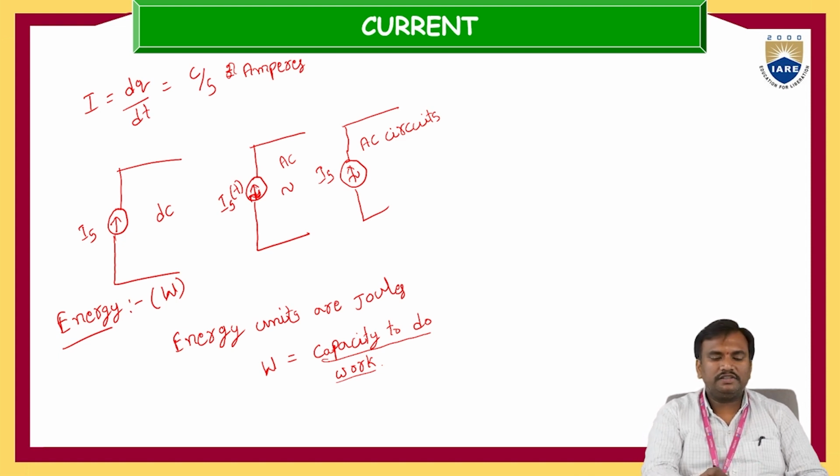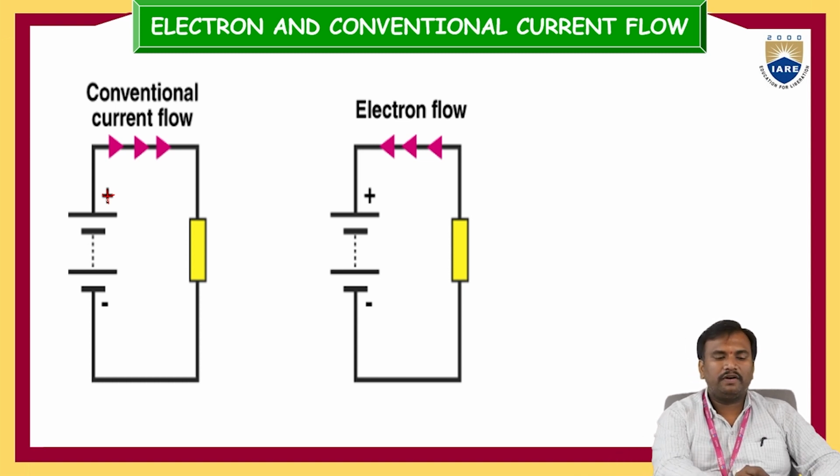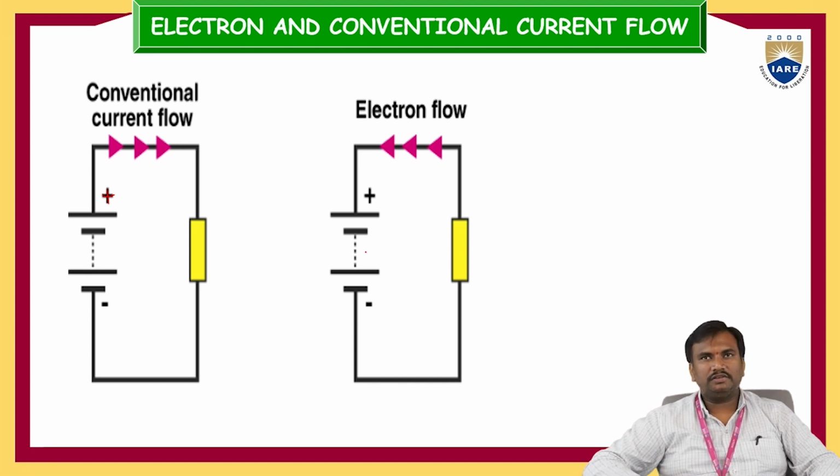Energy units are joules. Here, the conventional current flow and electron flow are represented: current flows from positive to negative, whereas electron flow is in the reverse direction.